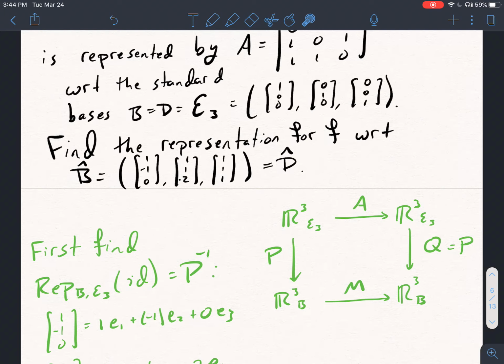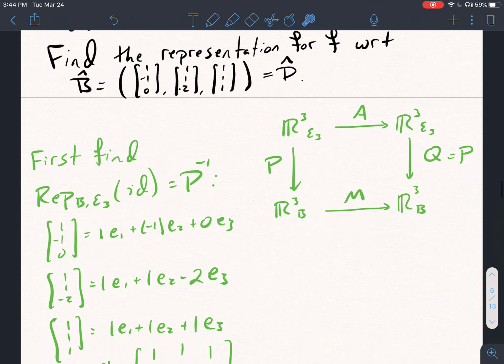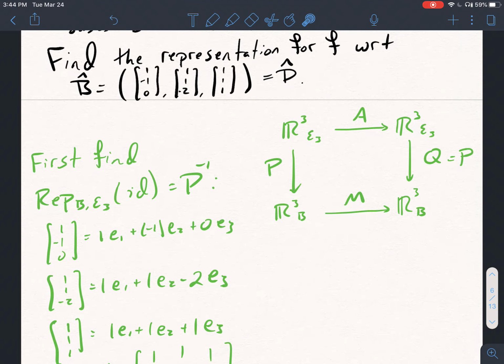So let's write the vectors from B as a linear combination of the standard basis vectors. And I have them all here. So (1, -1, 0) is equal to 1 times E1 plus -1 E2 plus 0 E3. (1, 1, -2), again, is going to be represented by itself. (1, 1, 1) is going to be represented by itself.